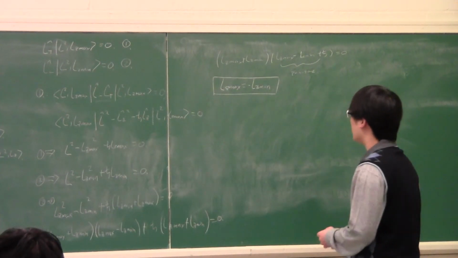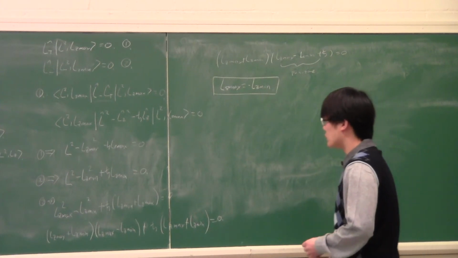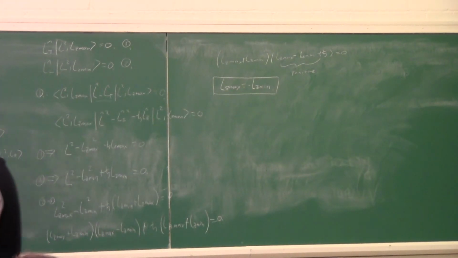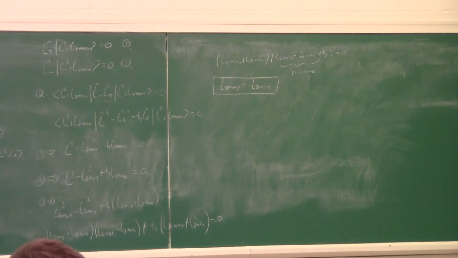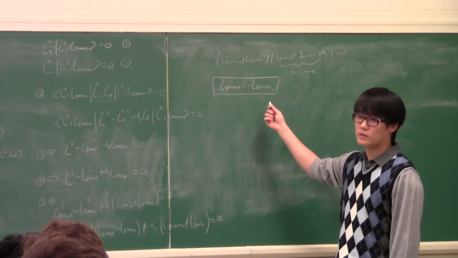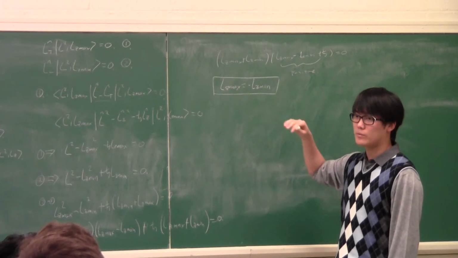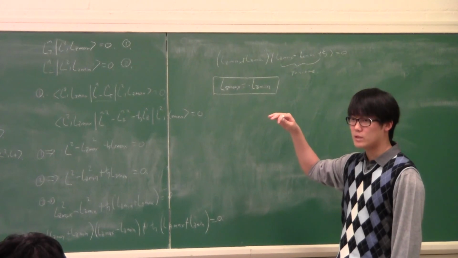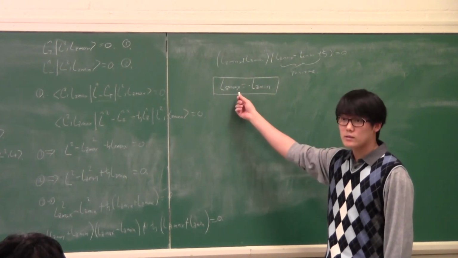based on the norm of these being 0. Okay. Another requirement is that since we showed that the action of the raising operator is to raise the eigenvalue of LZ by an integer multiple of h bar, right? So it must be that if I started with the LZ minimum eigenstate of LZ, then if I raise it by integer steps, I must be able to reach LZ max. Right?